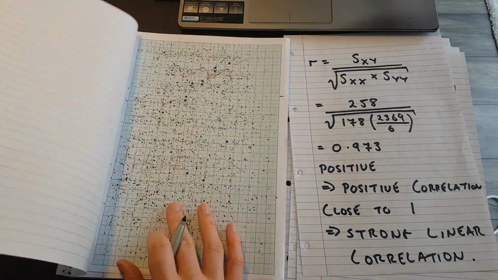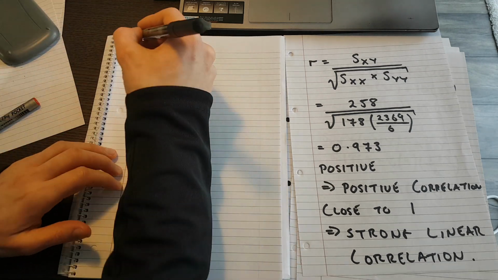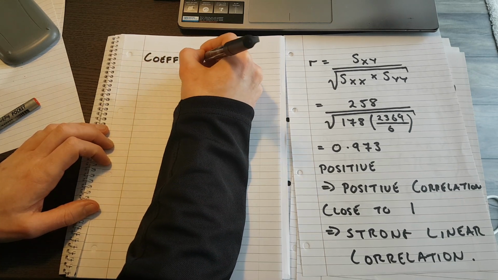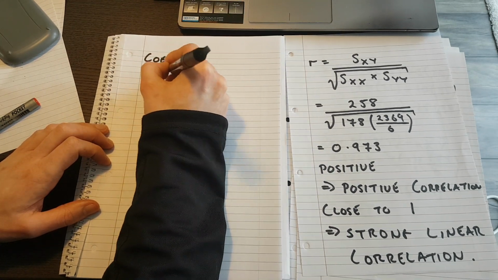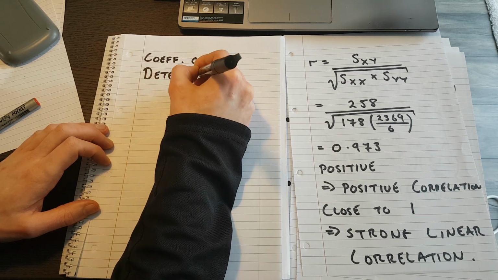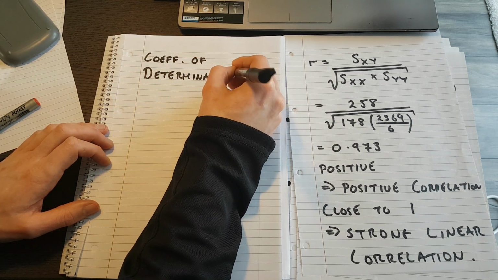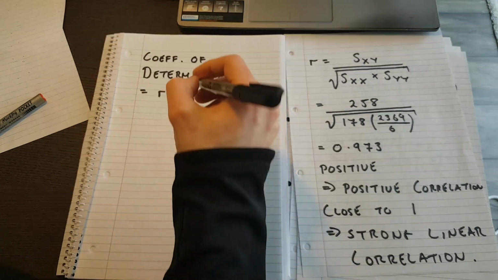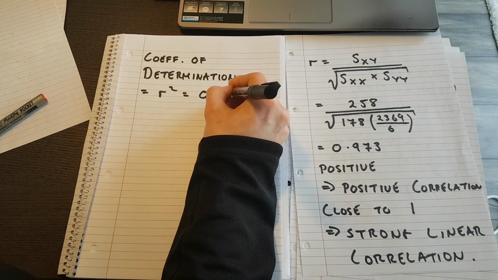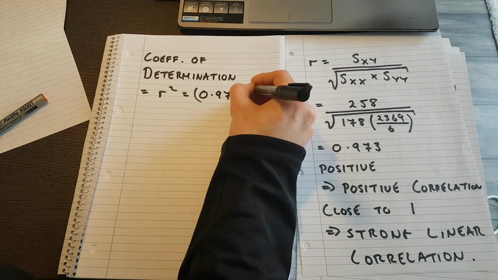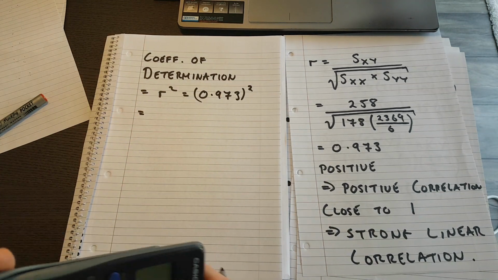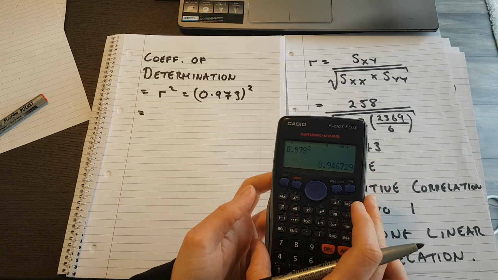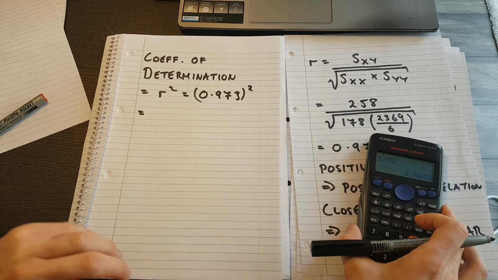If I was asked for the coefficient of determination, that would be r squared, which would be 0.973 squared. 0.973, square it, roughly 0.947.